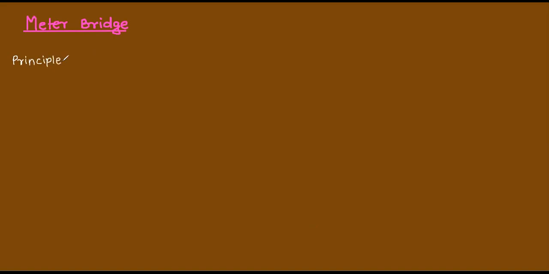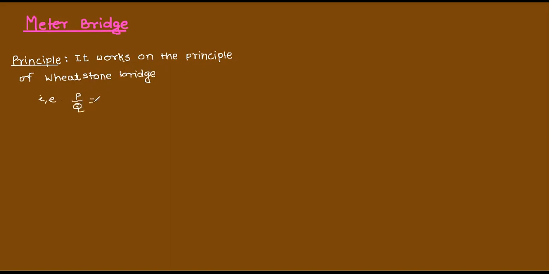If someone asks you what is the principle of meter bridge, then you can write easily like this: it works on the principle of Piston bridge, that is P by Q is equal to R by S. That is the bridge balance condition.